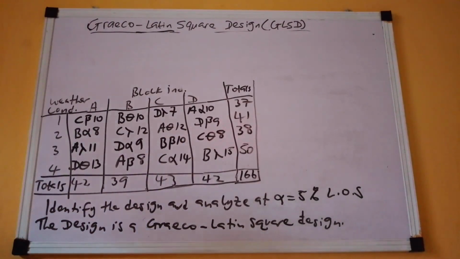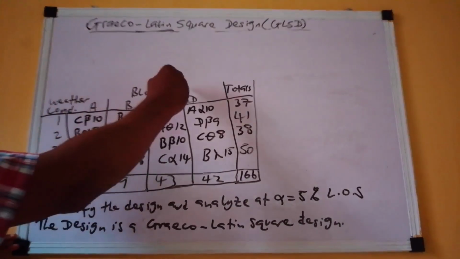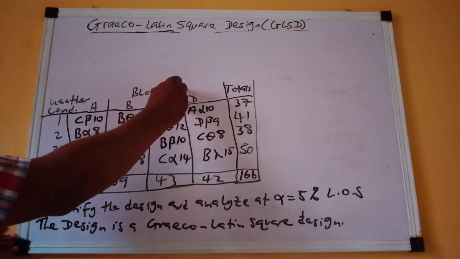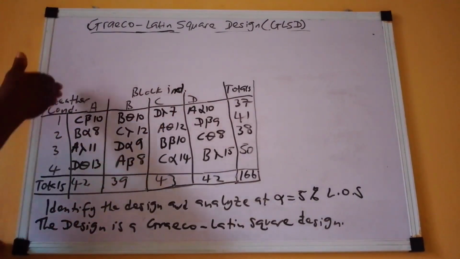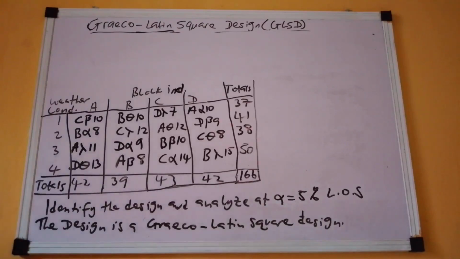You must understand what you have in the rows. The rows are the weather conditions, 1, 2, 3, 4. What do you have in the columns? The columns are the block industries. We have the block industries represented in the columns.